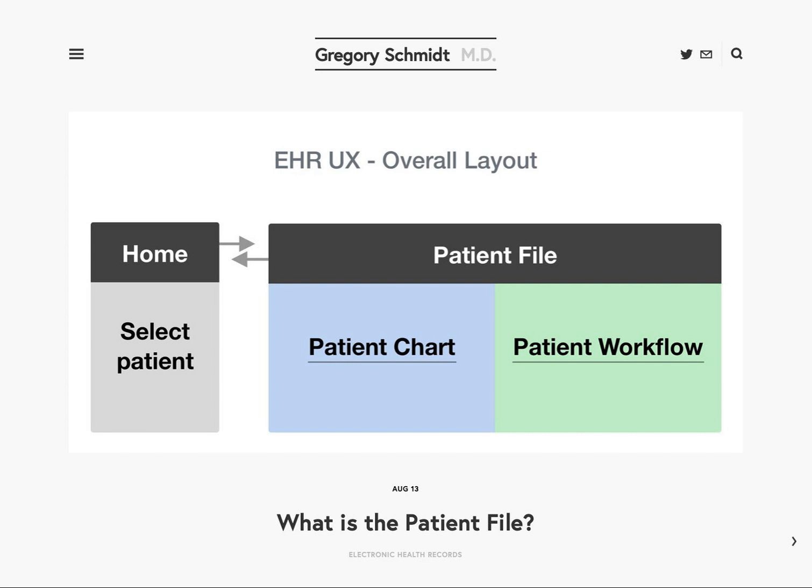The patient chart is that section which probably could be similar across an organization or even across multiple organizations, whereas the workflow is the part which needs to be highly specific based on context. And so if we're thinking about what we need to design, a patient chart which really follows best practices and is highly generalizable. And we need to design tools to enable an organization to go in and build a workflow from scratch.